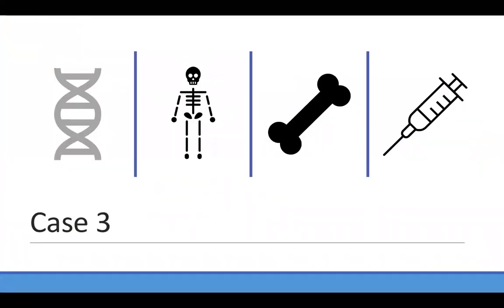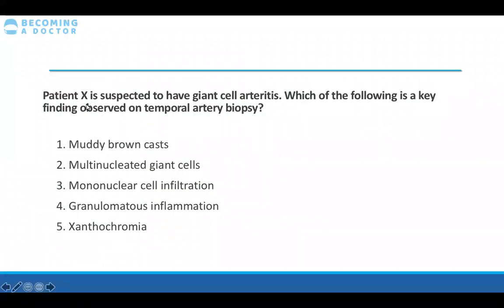Okay, so the third case now, we've got patient X, suspected to have giant cell arthritis. Which of the following findings would be observed on a temporal artery biopsy? So this kind of plays well because we just spoke about polymyalgia, and have a go at what you think the answer is.